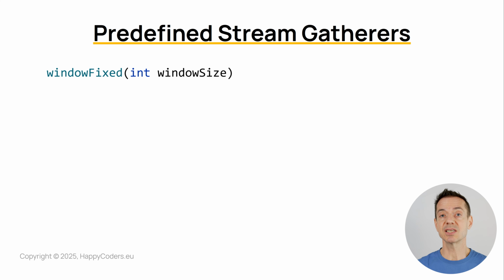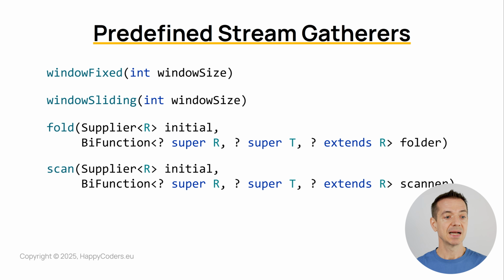windowFixed, we've covered this one in depth today. windowSliding, I also showed you this one at the beginning. Fold combines the elements of the stream step by step to a single element, essentially just like Stream.reduce. Scan performs what's called a prefix scan.